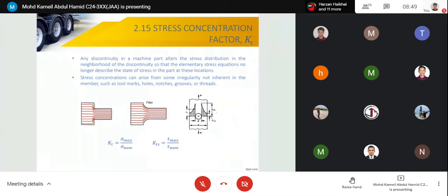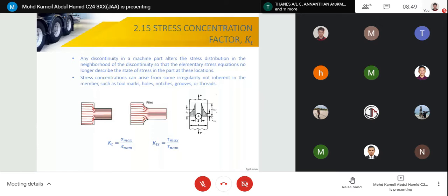Okay, so remember any discontinuity in the part, if you have the component, any hole, any changes in the diameter, it will create, ataupun it will form the stress concentration. So stress concentration factor will be included in the analysis of the component soon.